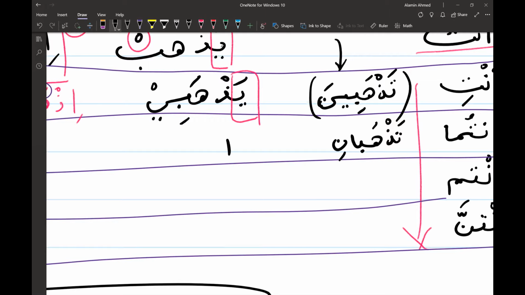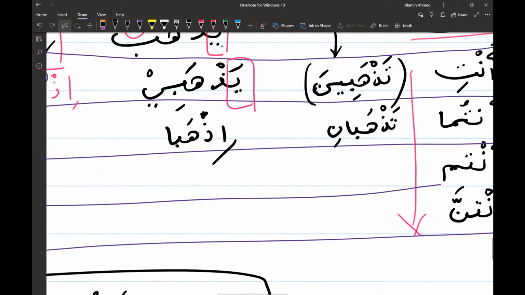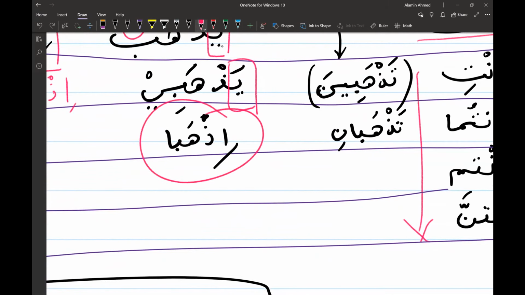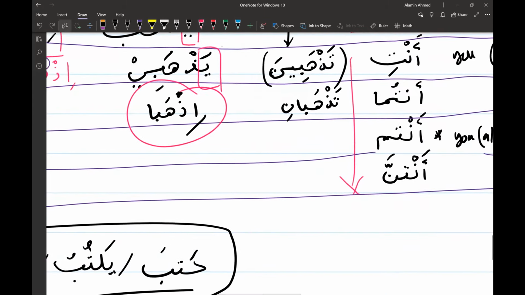So I put hamzatul wasl, then I drop the noon, and then I put kasra. Idhaba. That's it. Right now, this is your command verb. So the rule is what? We drop the noon and we put hamzatul wasl.